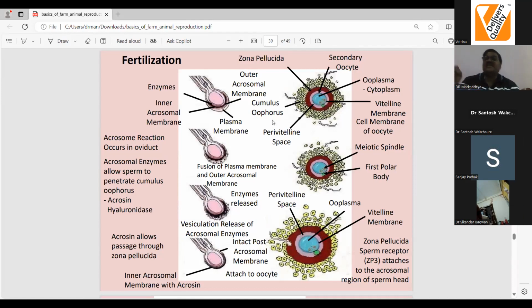Immediately, the sperm is engulfed by the ovum. The nuclear part of the sperm head is taken up, and the tail region is allowed to rotate in the vitellus. This part is important in the process of fertilization.